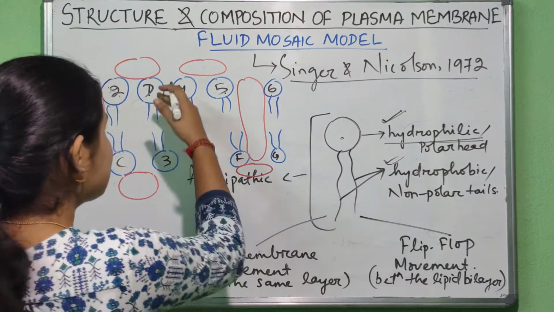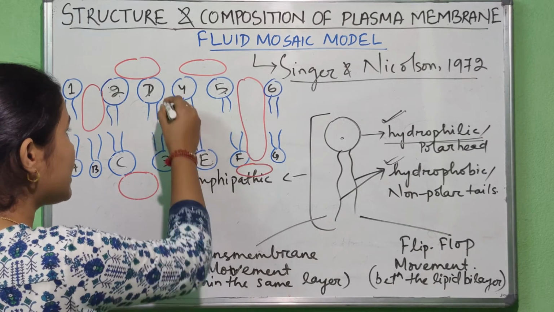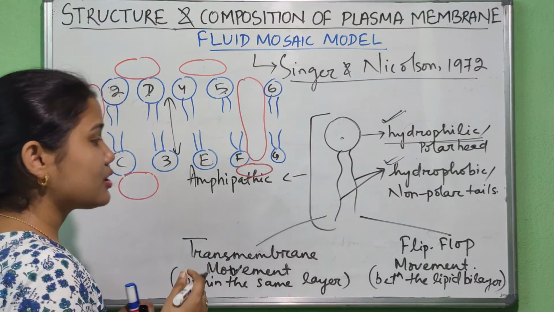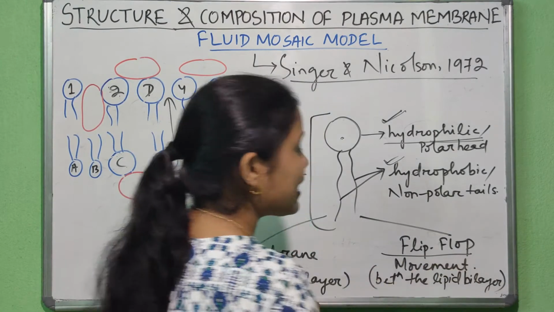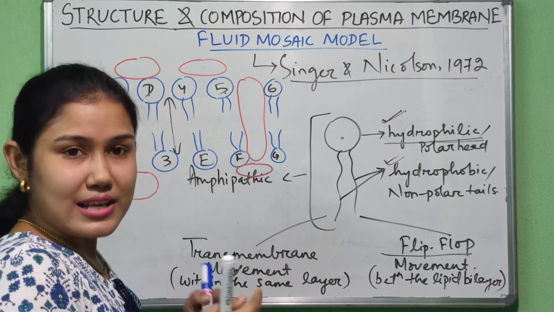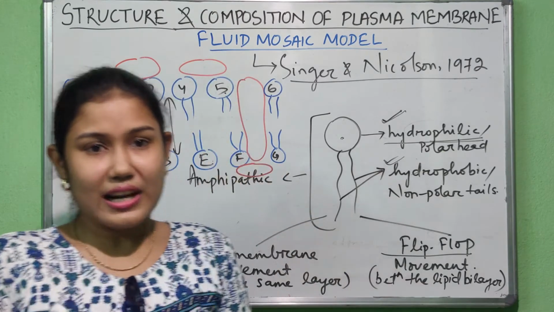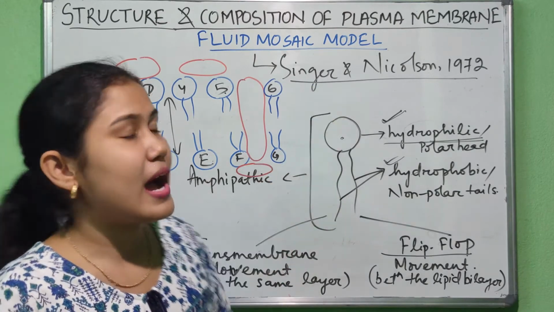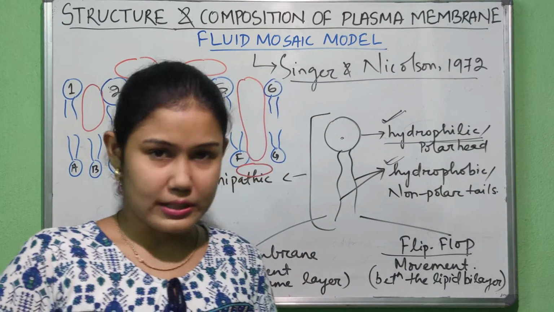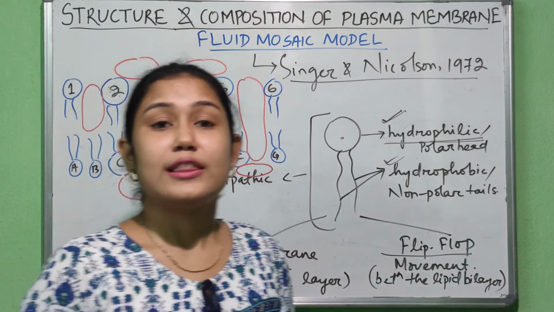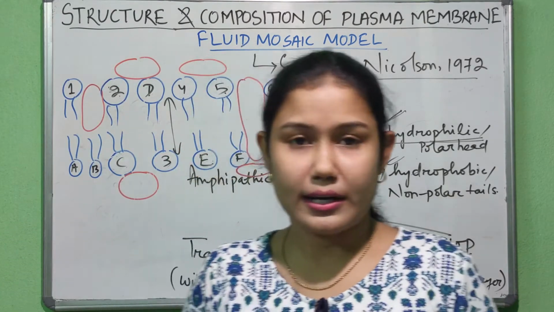This type of movement, between the layers of the bilayer, is known as flip-flop movement. So these are the two general characteristics of the plasma membrane proposed by Singer and Nicolson. This is all about the fluid mosaic model.